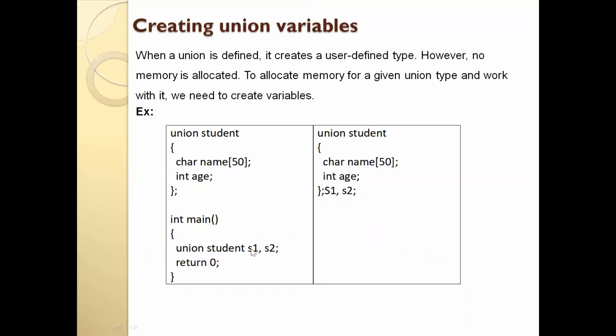With this data type we are creating two variables s1 and s2. The meaning of the statement is we are creating two variables s1 and s2 of type student union. This is one way of creating the variables for the union, and this is another way of creating the union variables.